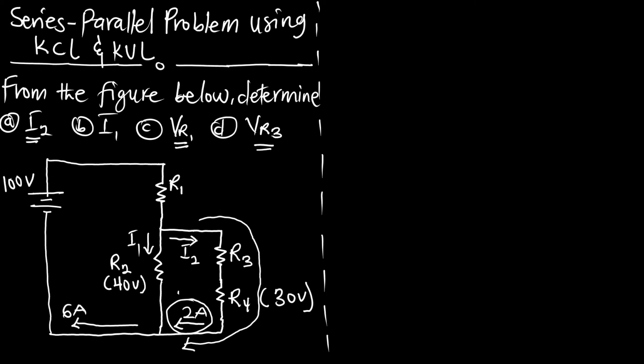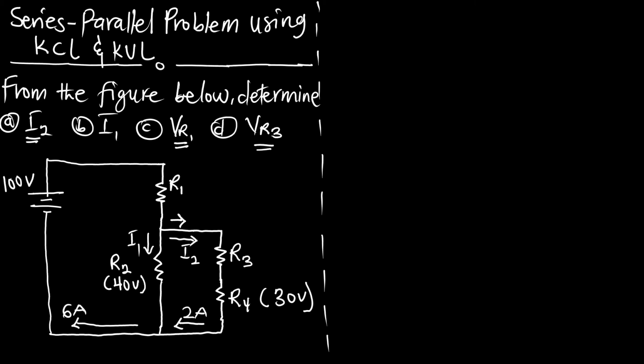And we know that since the resistors are in series, the same current I2 is flowing through them. If it is measured 2 amperes here, then definitely the current that started flowing from the junction through resistor 3 and resistor 4 is going to be the same 2 amperes. Are we getting that? Because they are in series, there is no division of current. So let's write that for our current I2.